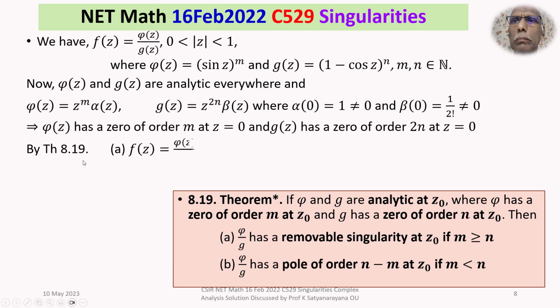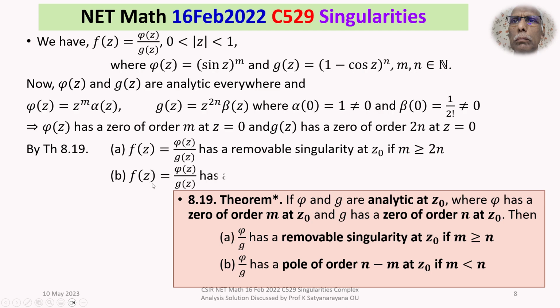So applying this theorem to our case, by theorem 8.19, we get f of z is equal to phi of z by g of z has a removable singularity at z naught if m is greater than or equal to 2n. So in the place of n, we have 2n in our context. And f of z is equal to phi of z by g of z has a pole of order 2n minus m.